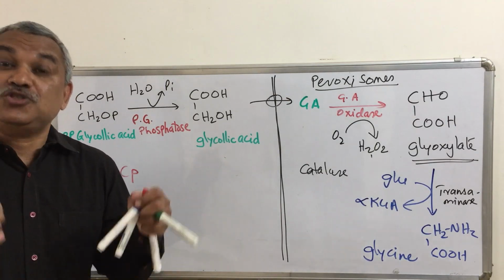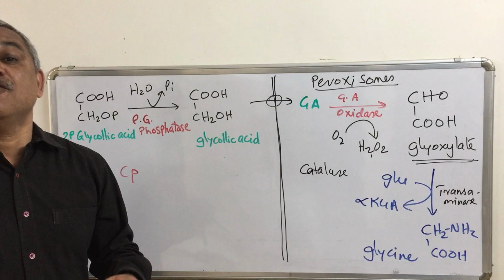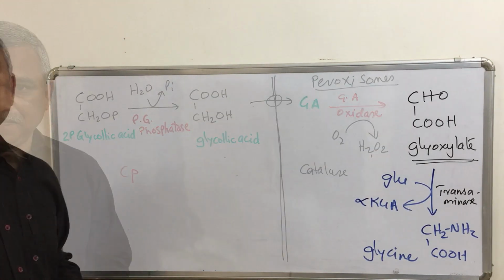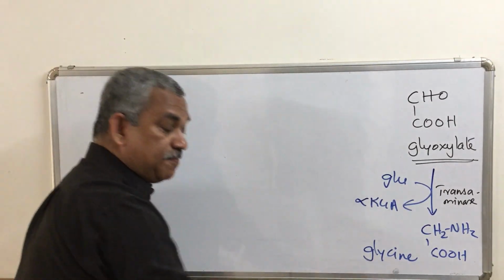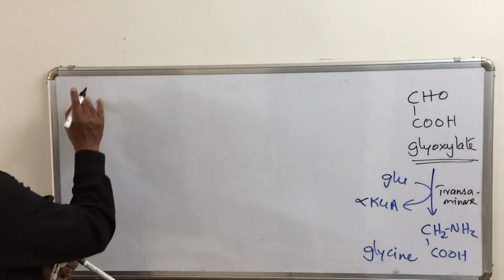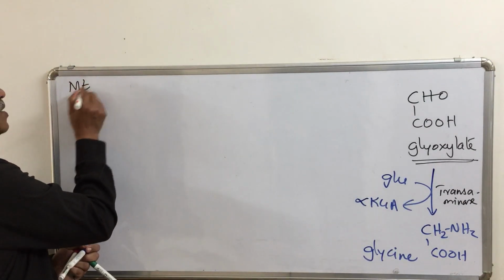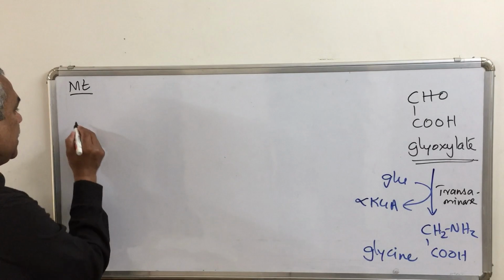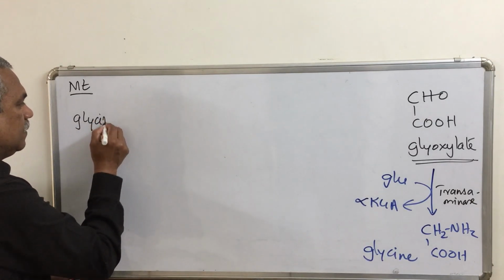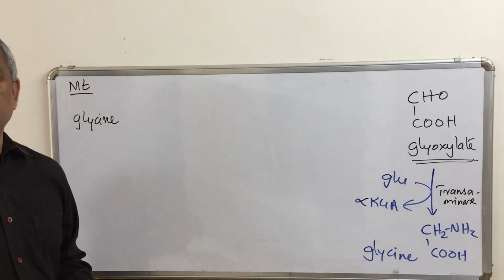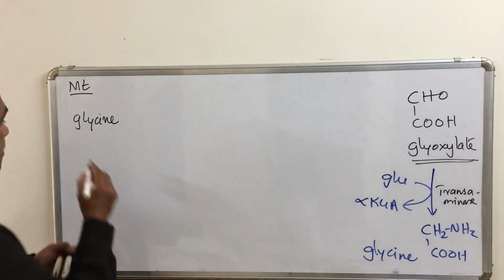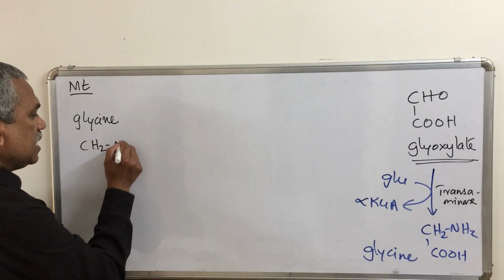We require 2 molecules of glycine for the next reaction. We begin our story from here. Now this glycine is transferred to the third organelle, that is mitochondria. So here we have glycine. We require 2 molecules of glycine. So therefore, let me write the structure, CH2NH2.